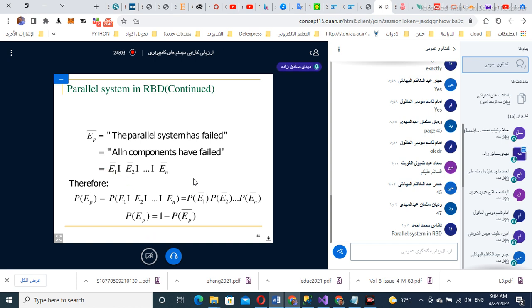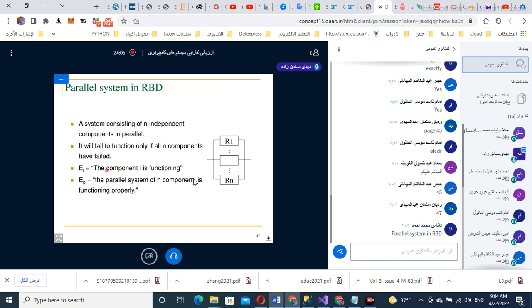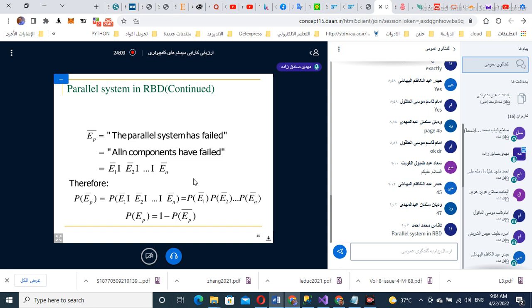Why? Because Ei is that component i is functioning, but when all components fail, the system fails. Therefore, the probability of Ep bar, the not-working parallel system, is the probability of E1 bar intersection E2 bar intersection En bar, because the failure of each component is independent.